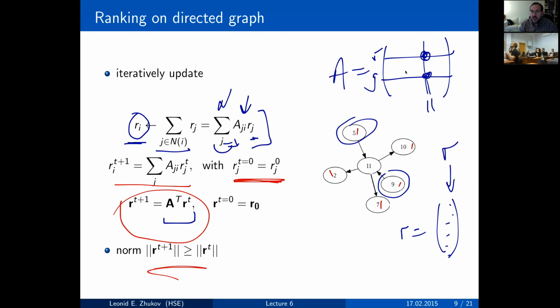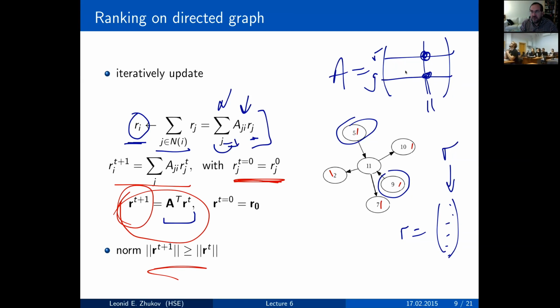So first of all, we're going to get an increase of those values for some of the nodes. For others, we'll get into trouble because there is no rank coming into it. So they don't have neighbors.